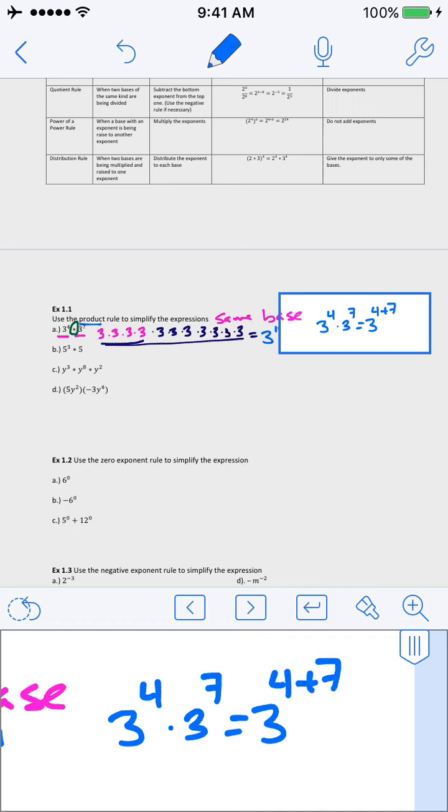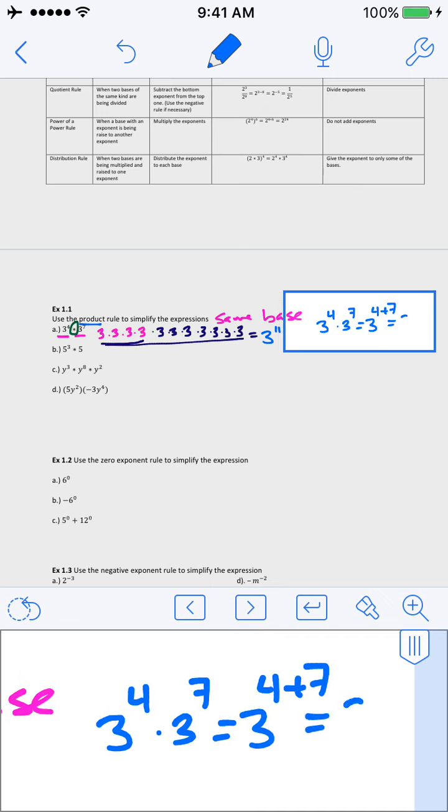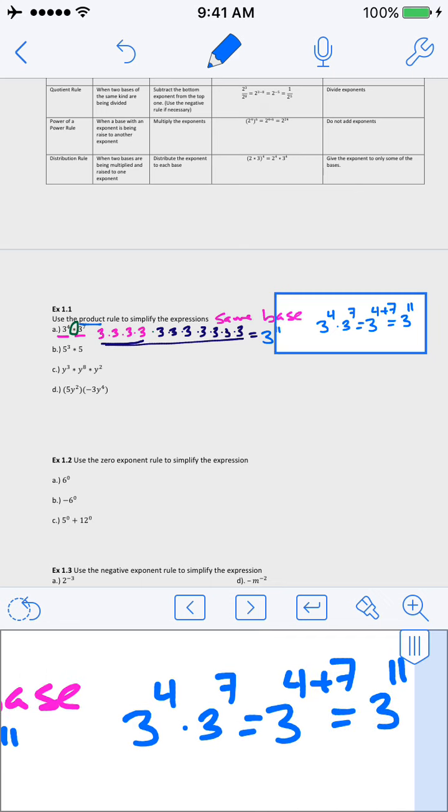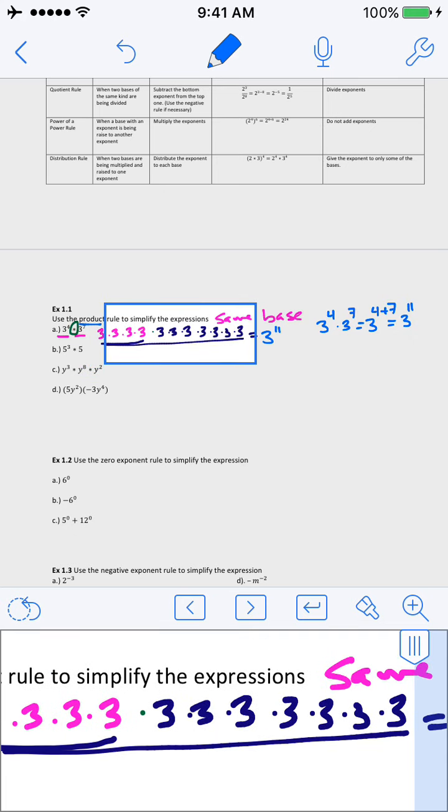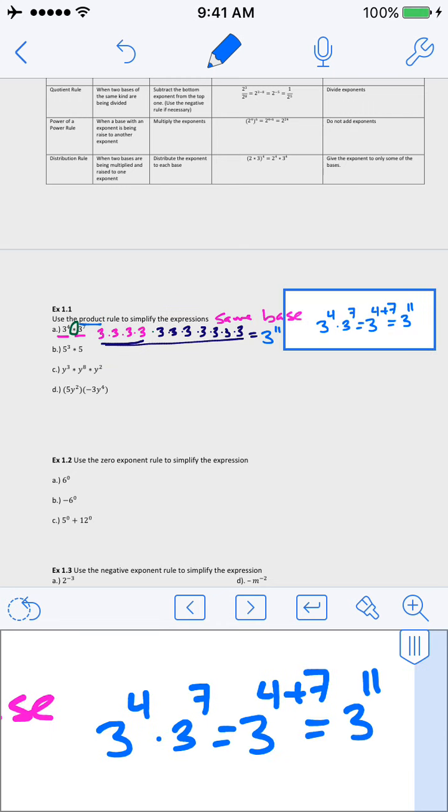Right? So we can add their exponents. We arrive at that same answer, 3 to the 11th. And when we really think about it, that's what we did, right? We took the 4 3's, we added the 7 3's, we got 3 to the 4 plus 7, or 3 to the 11th.